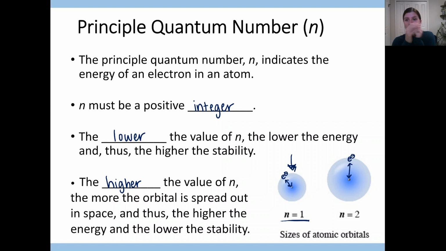If you have a low principal quantum number, the electron is held tightly near the center of the nucleus. If you have a large quantum number, we can go even up to 6, that electron can occupy a larger space around the nucleus, and so it has a higher energy as it's orbiting the nucleus.